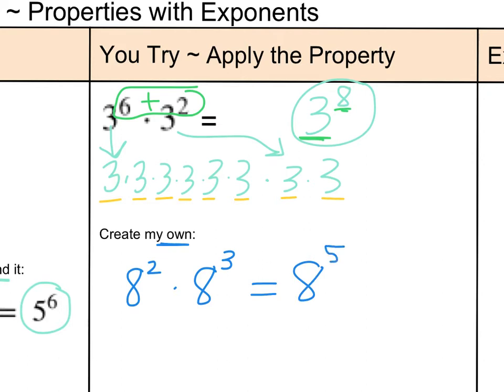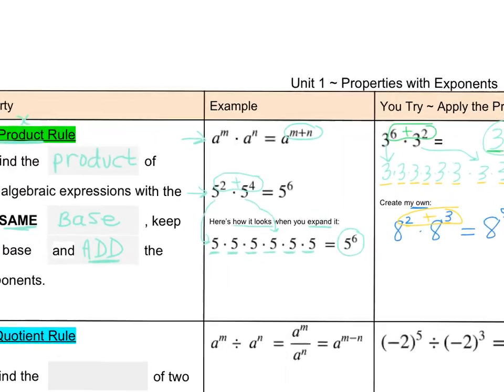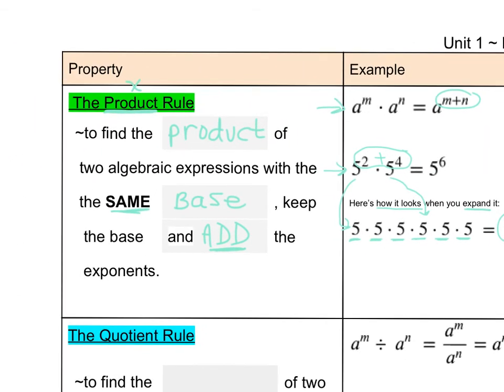Okay, you choose your own base and you choose your own exponents. Keep the base, add the exponents. So that's the gist of the property. When we're finding the product of two algebraic expressions with the same base, we keep the base and add the exponents.